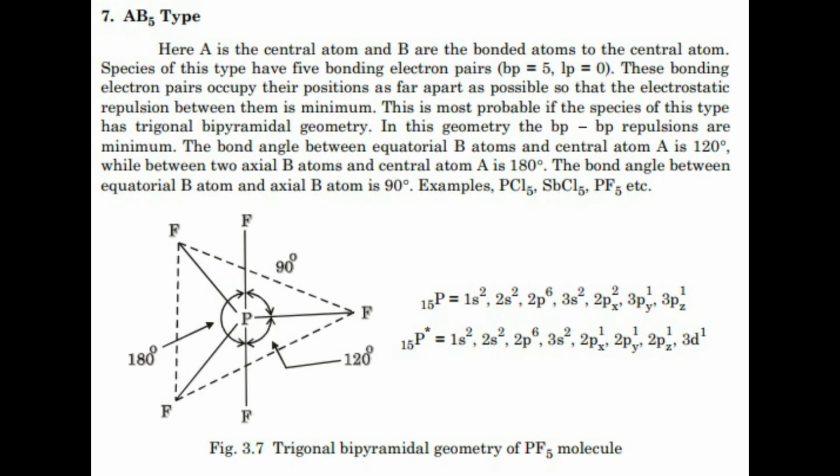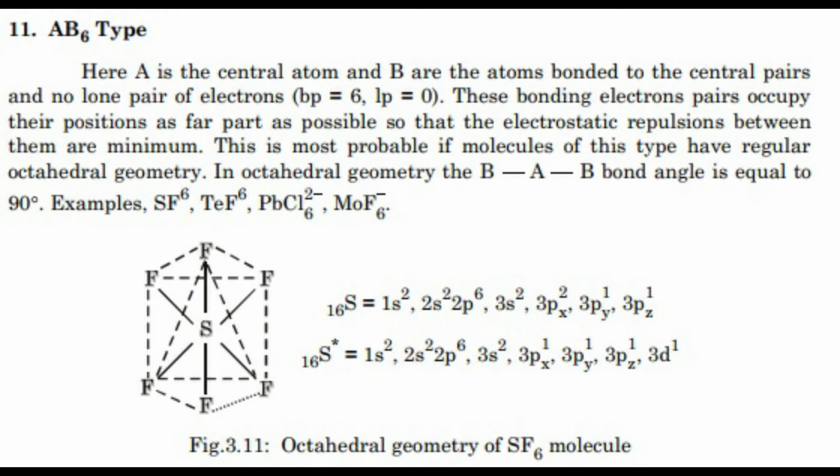If all of the electron pairs are bonded, then there are two types of positions. One is equatorial and the second is axial. The lone pair will occupy the equatorial positions, and not the axial positions. In AB6 type, SF6 for example, an octahedral shape is obtained.